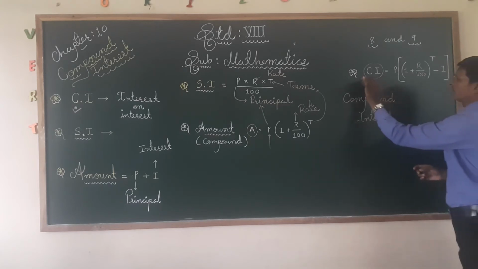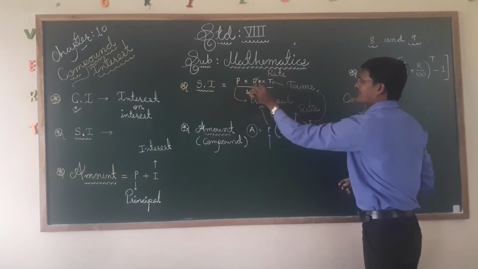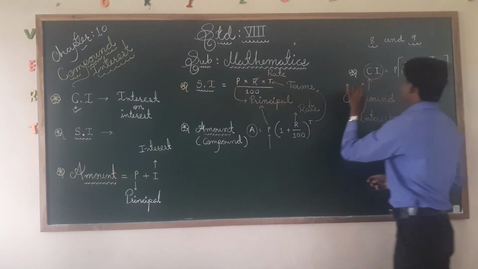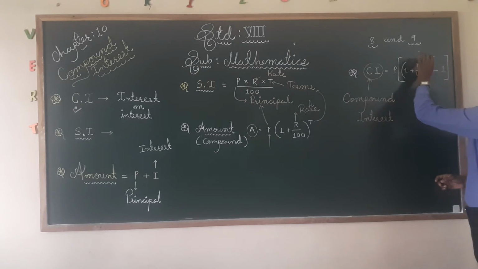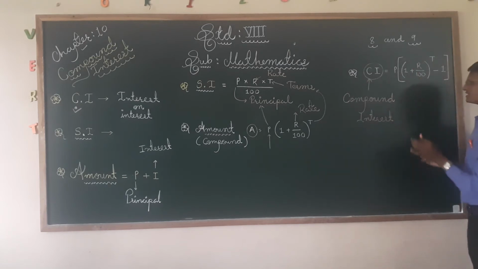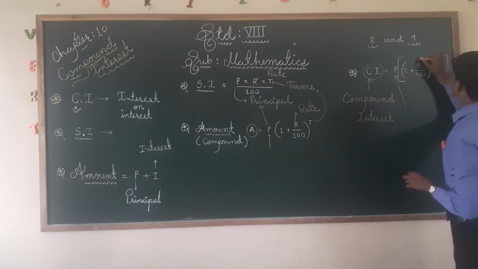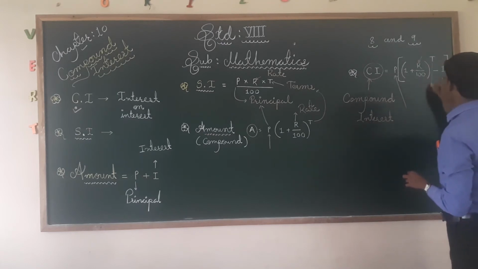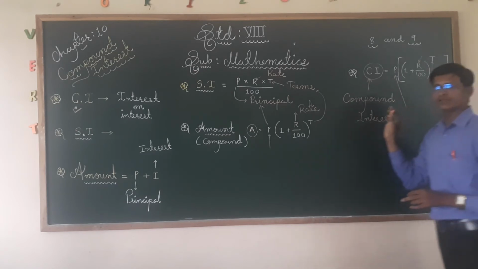This is the compound interest formula, and this is the simple interest formula, PRT upon 100. Here P is principal, R is rate, T is term, and minus 1.